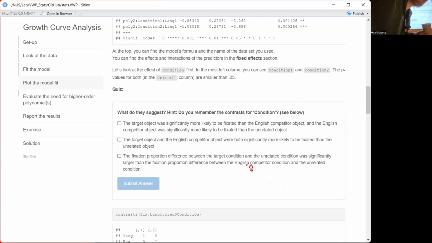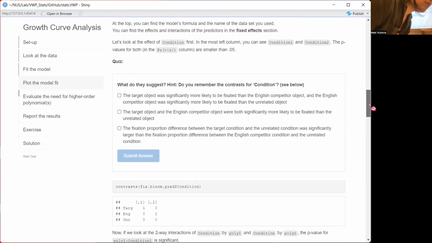If something is coded as 0 and the other is coded as 1, then the comparison is between 1 and both zeros. Yeah, but then it takes into account this and this. So overall, this will be the reference level against this one and then this one. Okay.